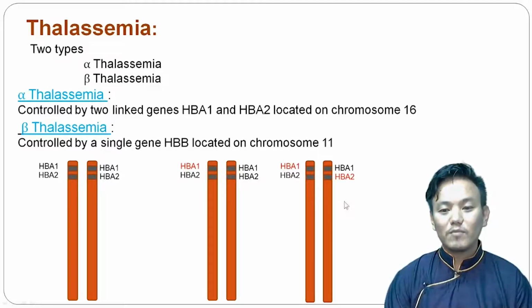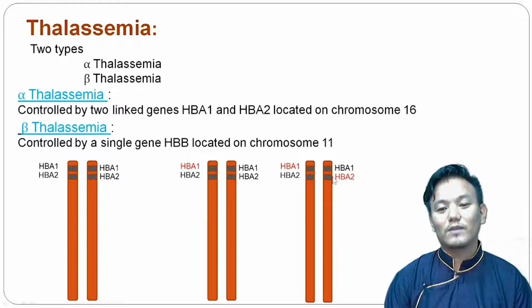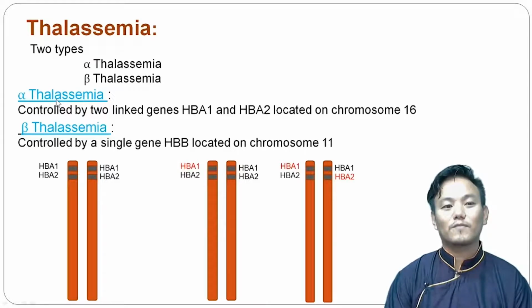Now in the second picture you can see that in this individual HBA1 is mutated. Along with that, HBA2 is also mutated. So two alleles are mutated, and this person will suffer from a severe version of alpha thalassemia. So you should understand that in alpha thalassemia, the mechanism with which the gene controls is quantitative in nature.